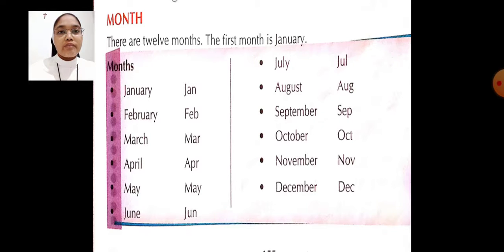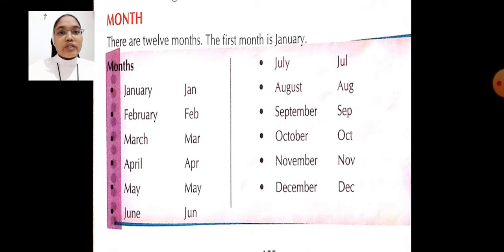Okay, let's see months. January, February, March, April, May, June, July, August, September, October, November, December. These are the 12 months.